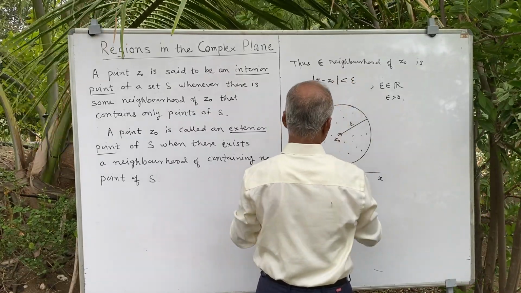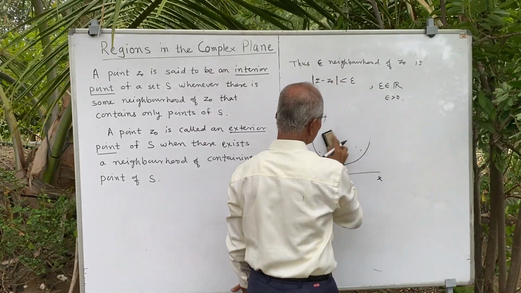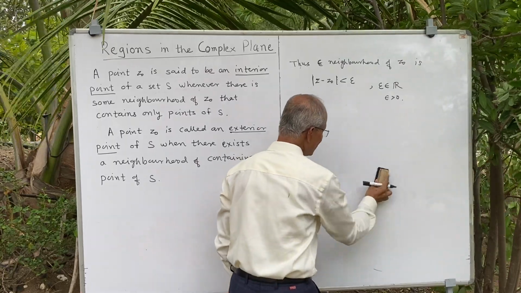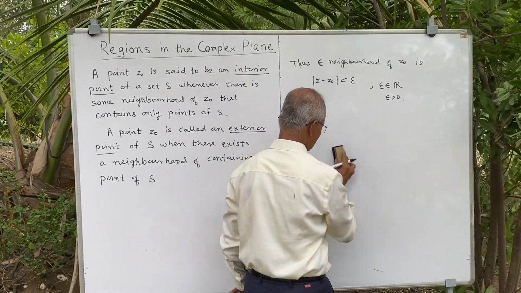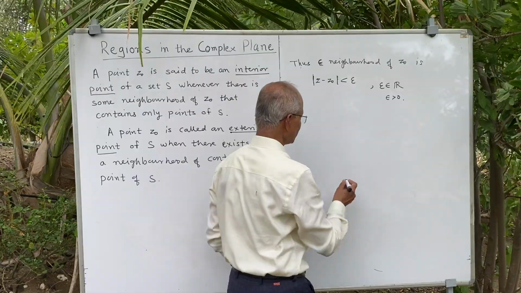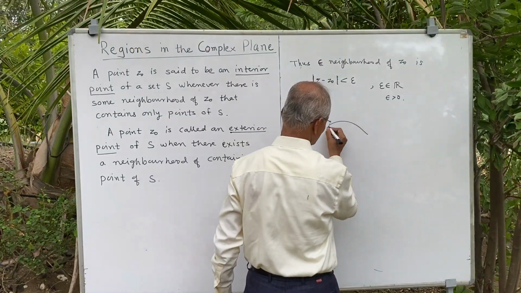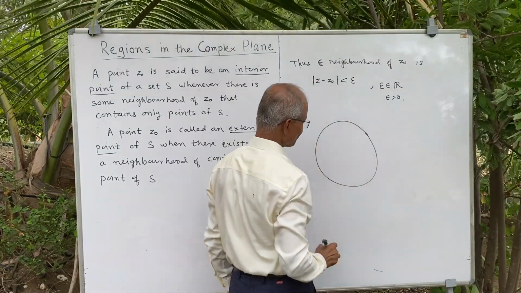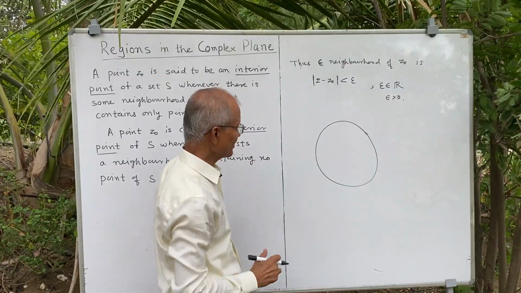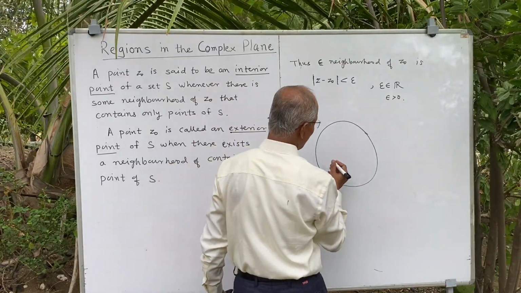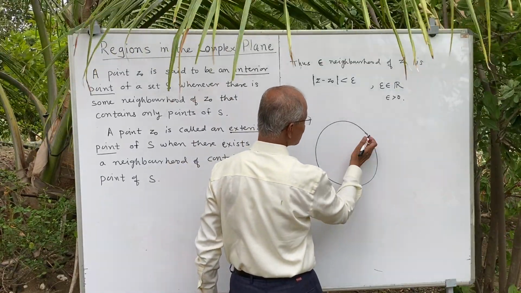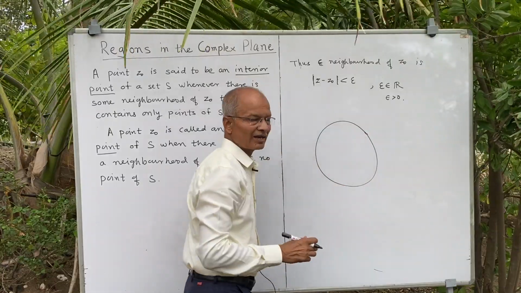So what is the meaning of interior point? Now if we consider a set S in the complex region, that set may be any set, not necessarily a circle, maybe any shape we may consider, and a point is an interior point. The meaning is as usual simple.